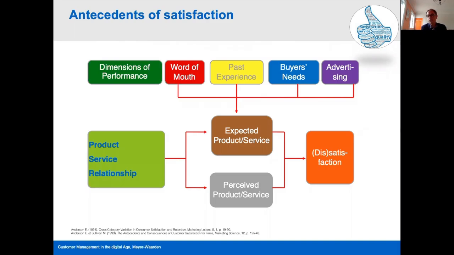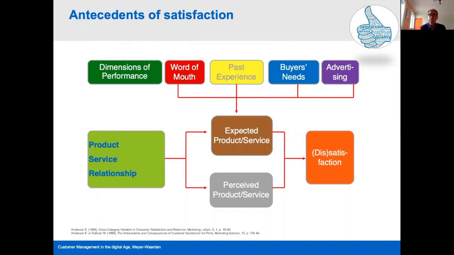So again, we can see in this framework that customers expect a given level of product or service performance or relationship performance, and they perceive really the performance of the product, service, or relationship. And the difference between both brings either a positive disconfirmation, which is called satisfaction, or a negative disconfirmation, which is called dissatisfaction.